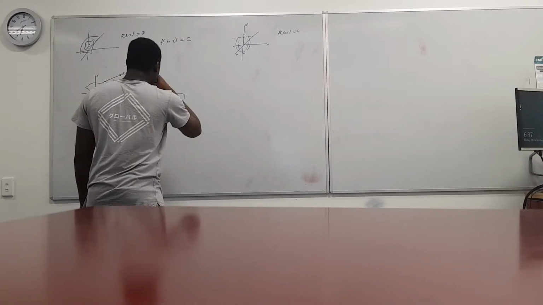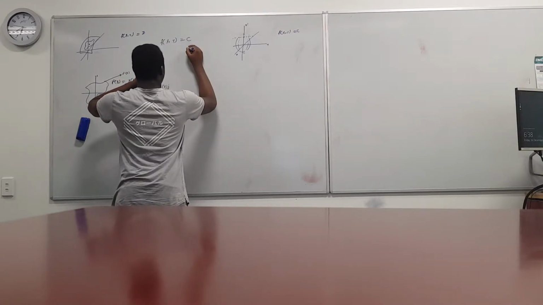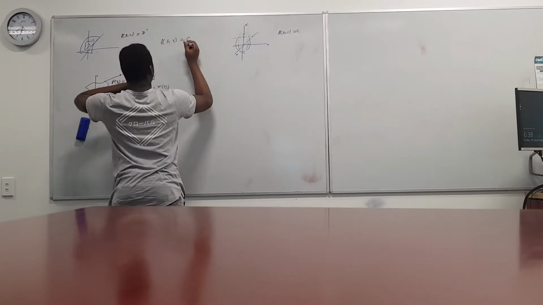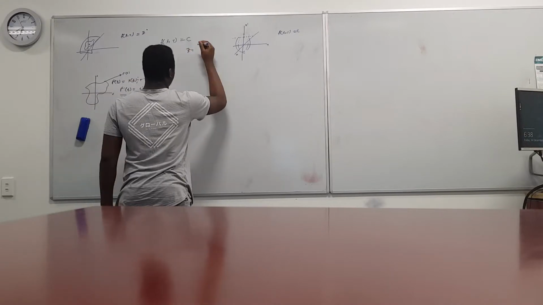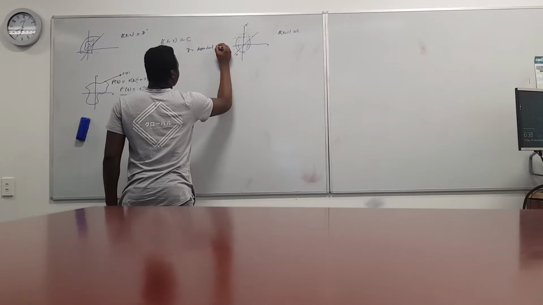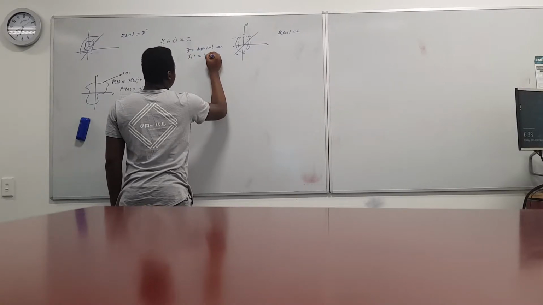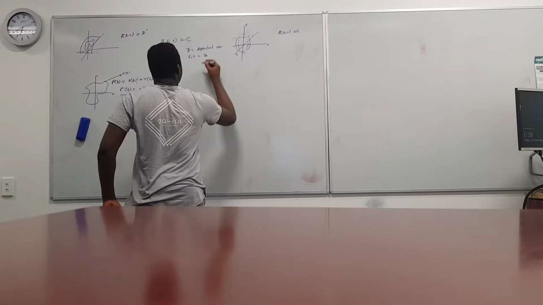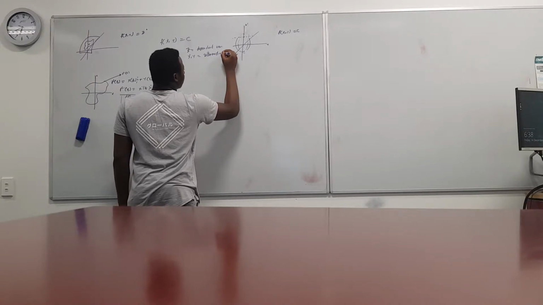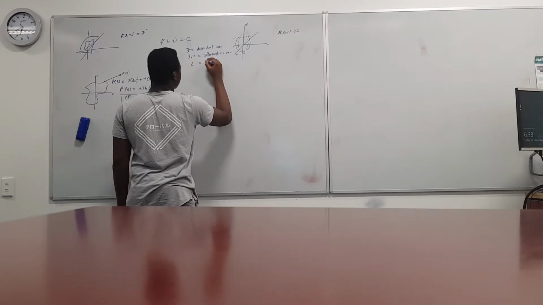X is x of t, a function of t. Therefore, z is the dependent variable, x and y are intermediate, they're not dependent, and t is the independent variable.